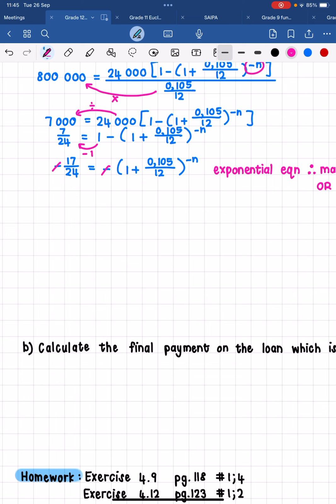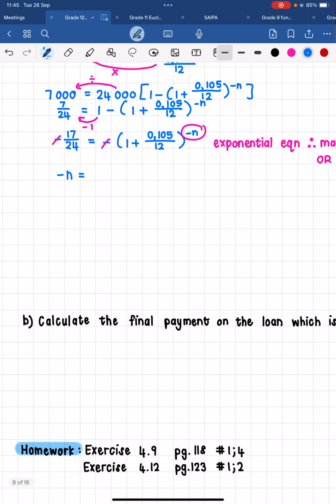Now, when we are working with logs, the exponent becomes the subject. So negative n becomes the subject of the equation. We are using logs to solve for the exponent, so the exponent is going to become the subject. Then you're going to write log. The base of the exponent becomes the base of the log. So 1 plus 0,105 over 12.